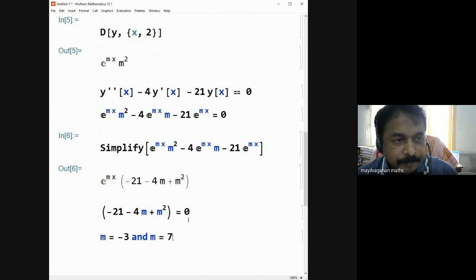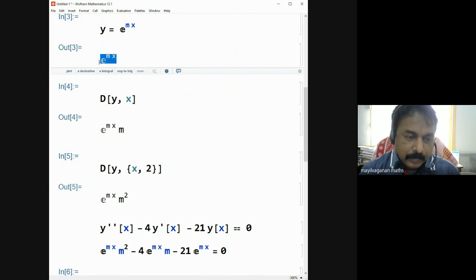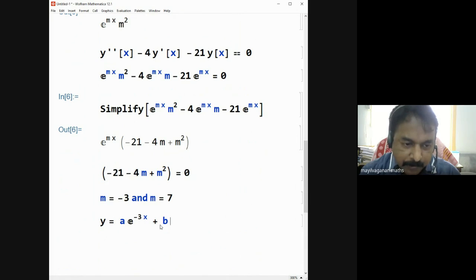Since our solution is of the form e power mx and the equation being linear, we can write the solution to be some constant, say a into e power mx, replace m by minus 3, again some constant b into e power mx, replace m by 7.